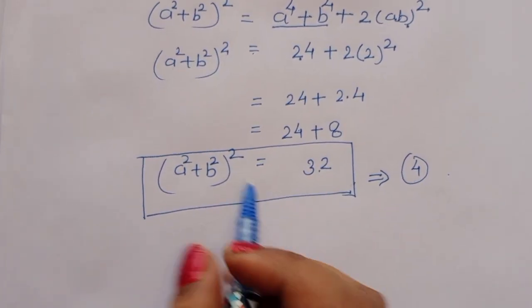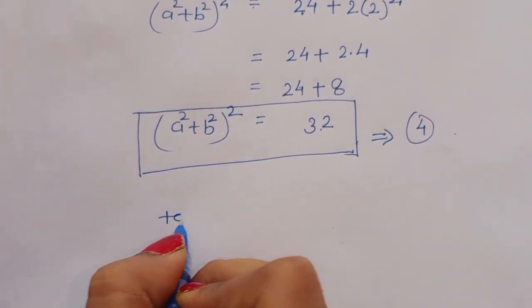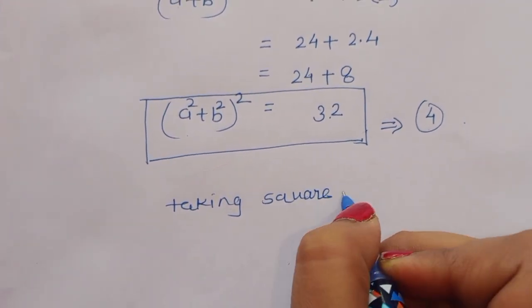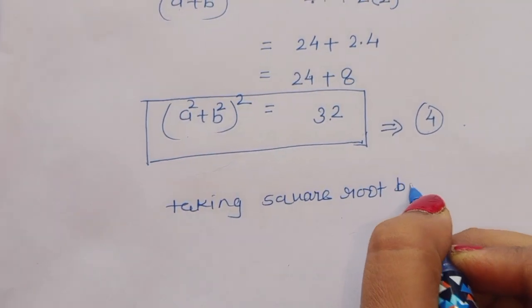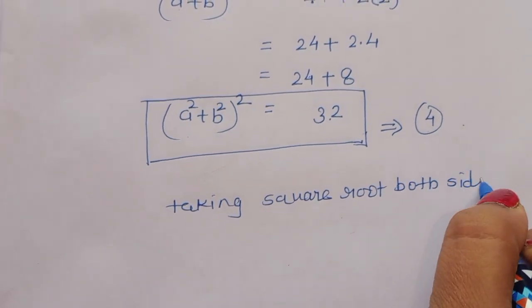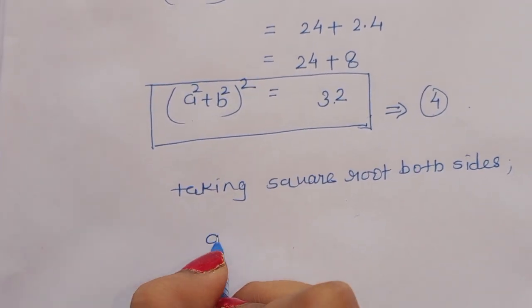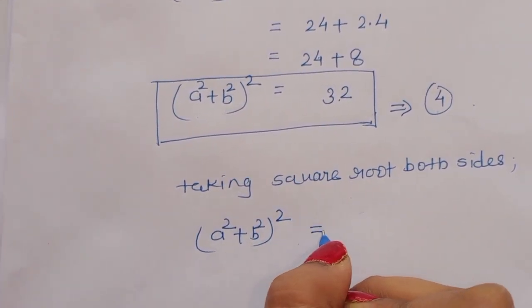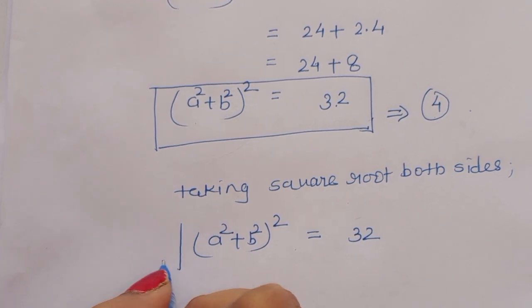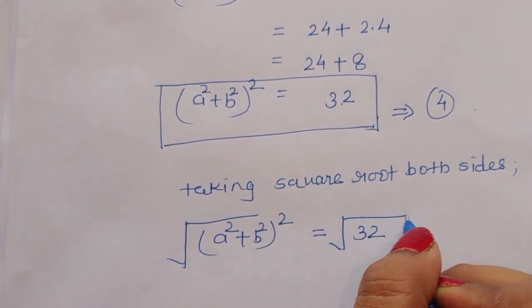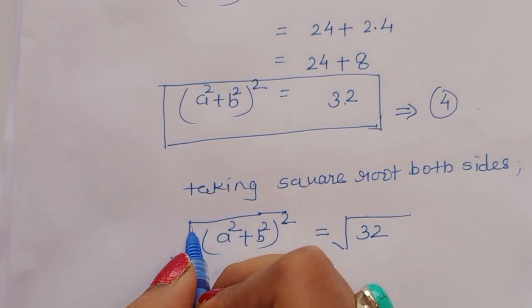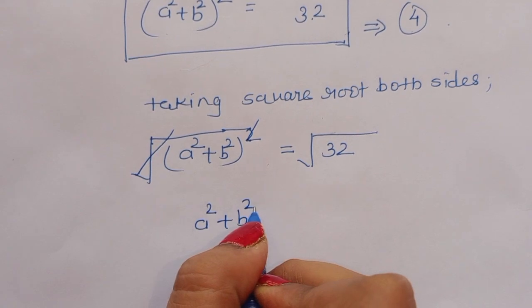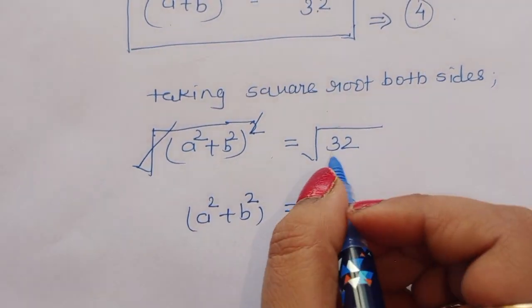Now taking square root on both sides, we will get a square plus b square is equal to square root of 32.